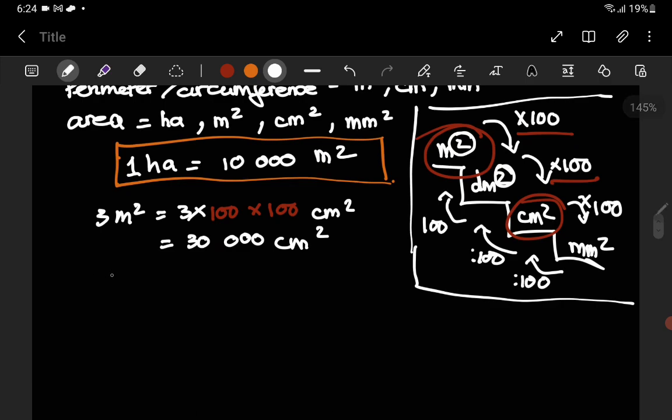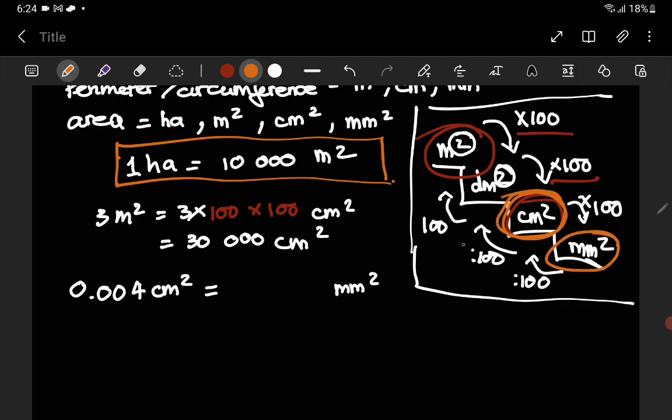The next one: I have, for example, 0.004 centimeter square, and I want to convert it to millimeter square. The starting point is the centimeter square, and the ending point is the millimeter square.